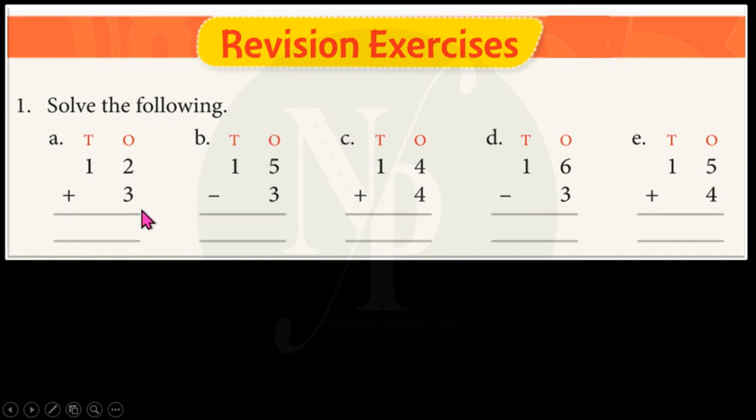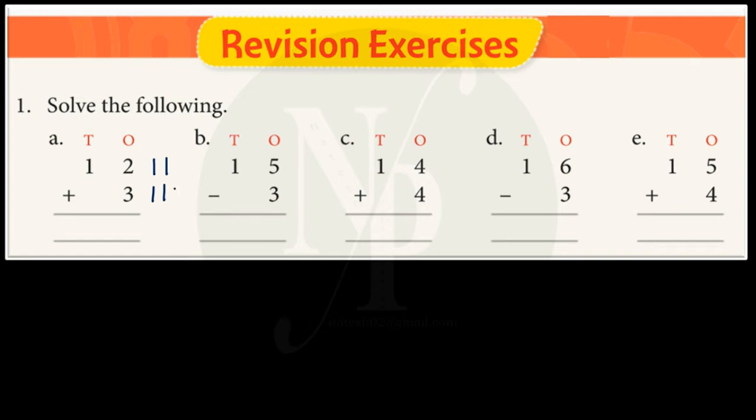Here I will draw and explain how you can solve these problems. We have done many such problems in this chapter earlier, so we are familiar with how to solve them. The first number here is 2 in ones place, so I draw 2 standing lines. And the other number is 3. Let us draw 3 standing lines here.